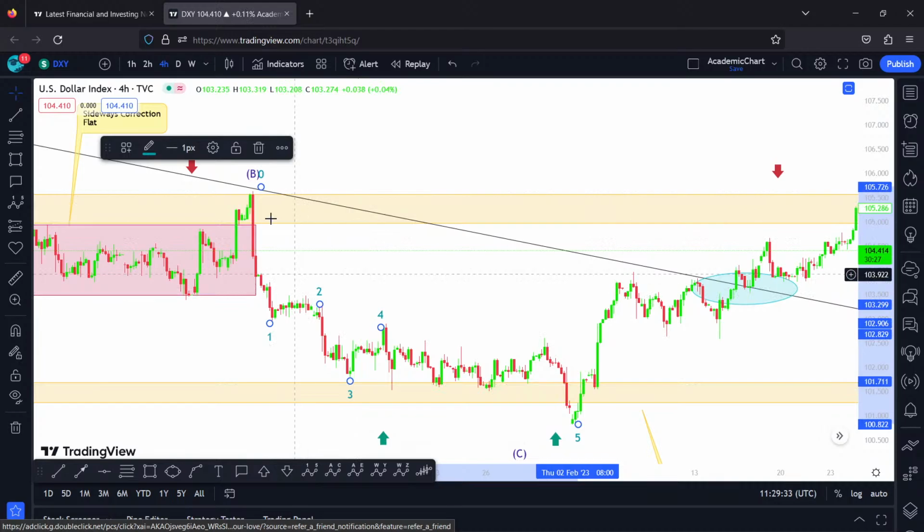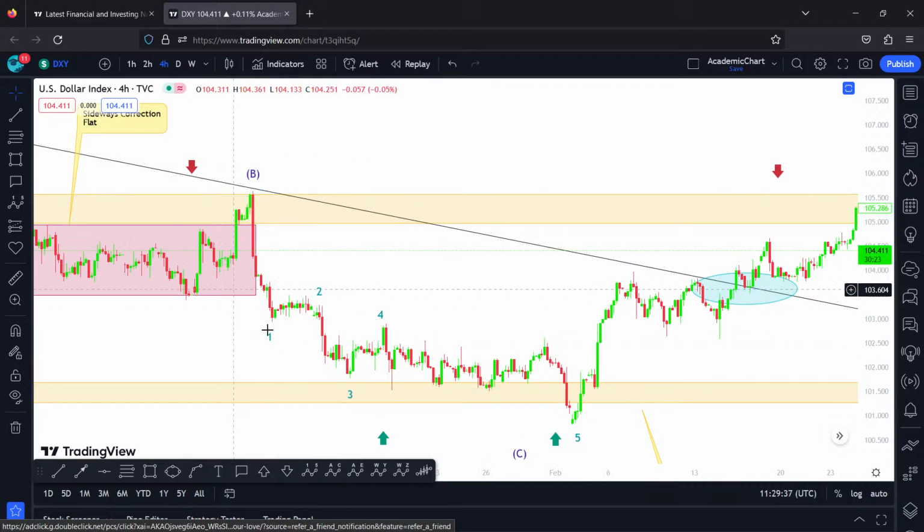Because when we have one impulsive wave, I'm now saying that this was my first, this is the second, which is some sort of a side wave, again like this rectangle but just in a lower scale. This is the third, and I can see some sort of zigzag here.